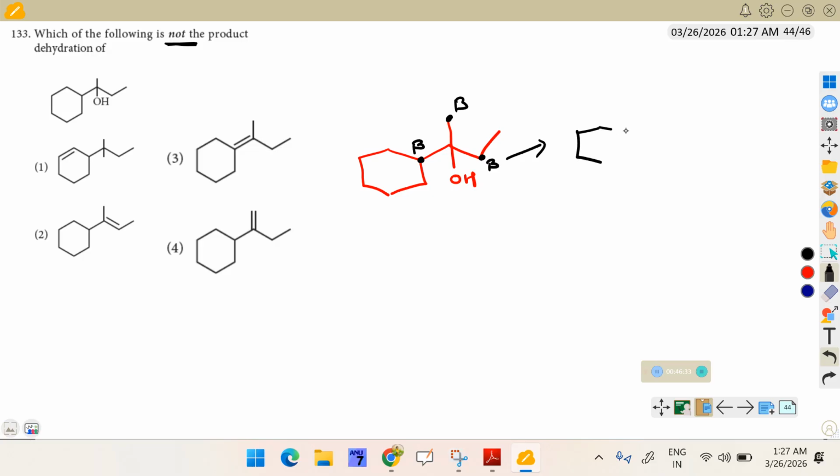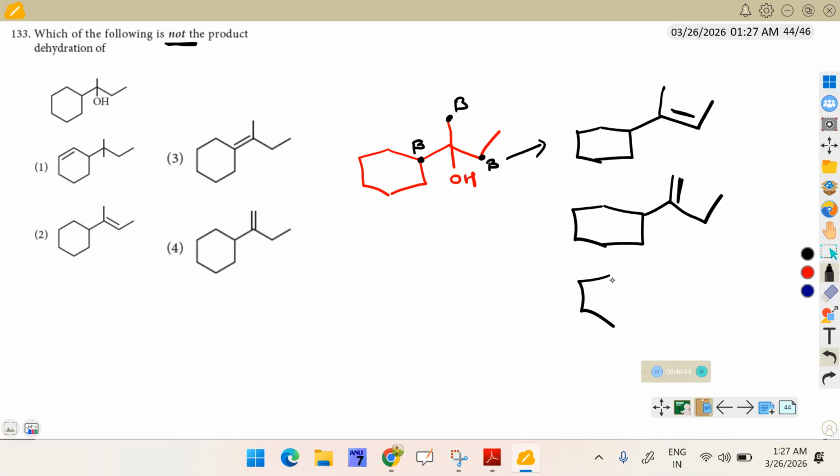Suppose you remove a hydrogen atom from the right side beta carbon, then this structure is possible. Suppose you remove a hydrogen atom from the top beta carbon atom, then this structure is possible. Suppose you remove a hydrogen atom from the left side beta carbon atom, then this structure is possible. Which structure is impossible? The first structure is impossible.